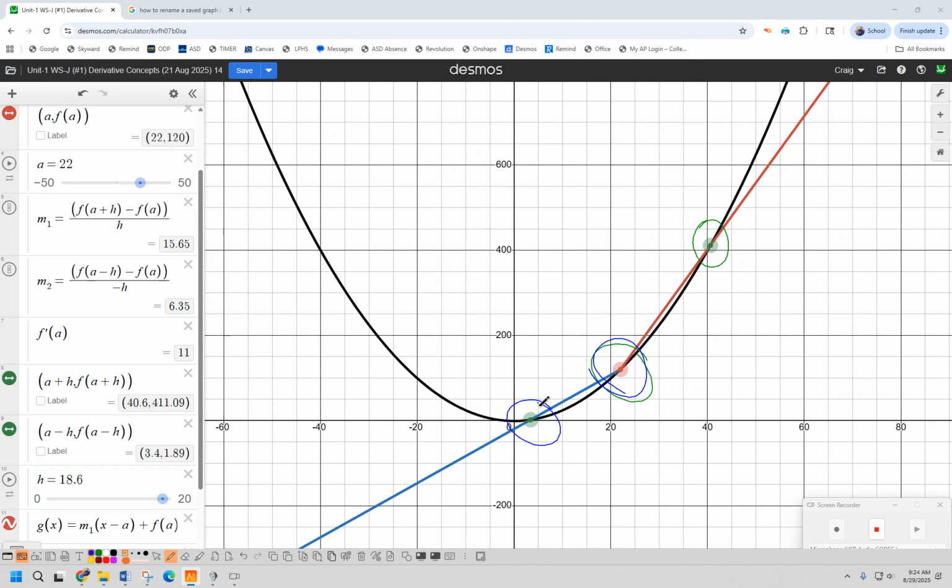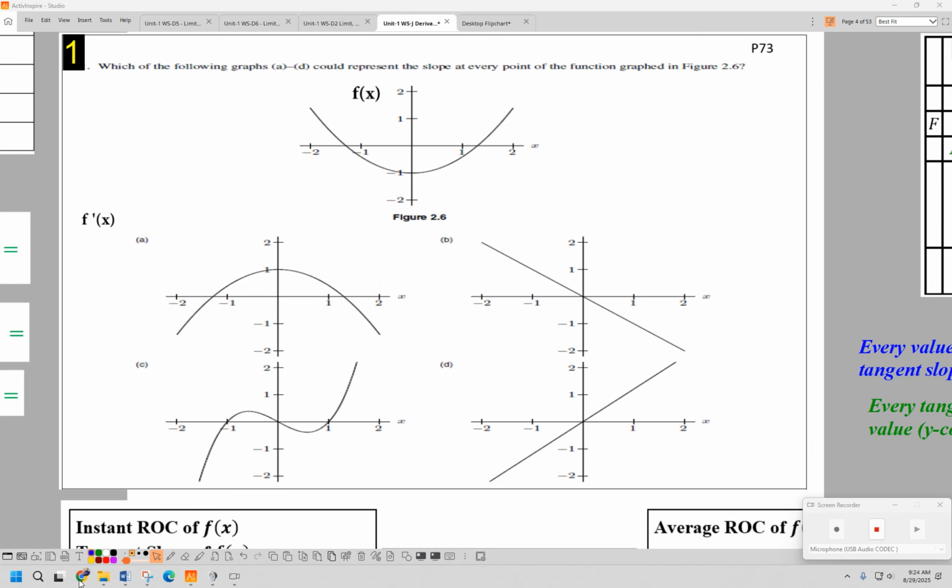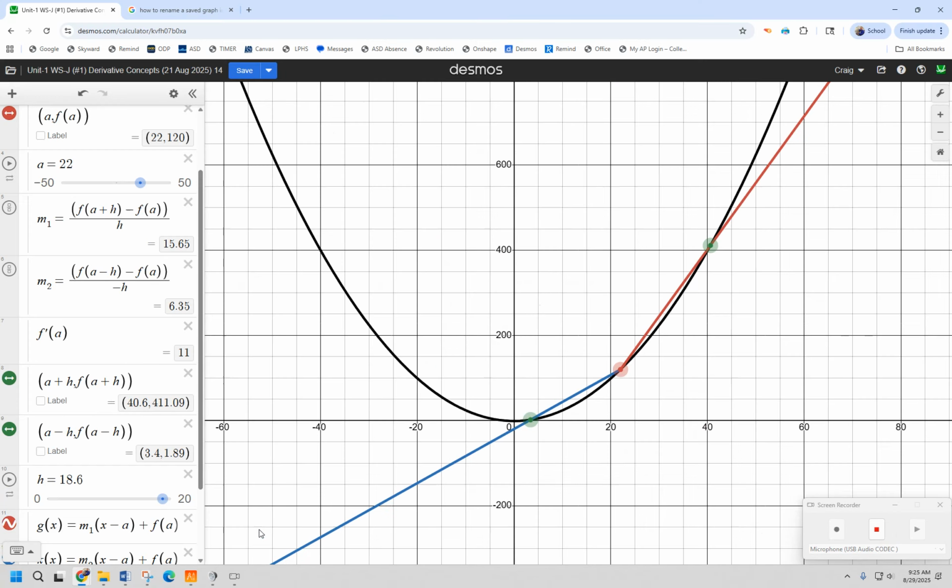And then we say if we make the points get closer and closer together by doing this, so we move our H closer and closer. It doesn't work on that screen, so we've got to go back out. So we get the points to move closer and closer, like this.